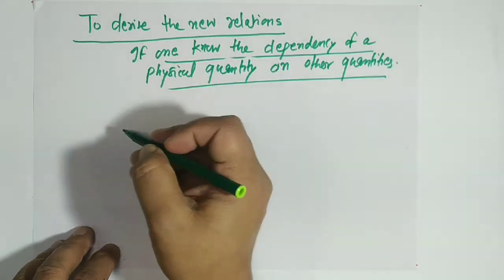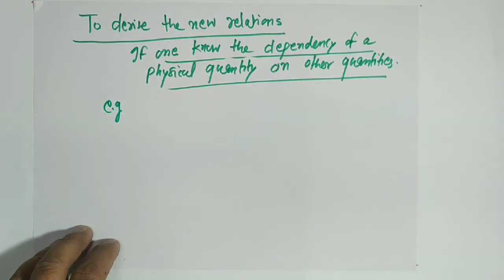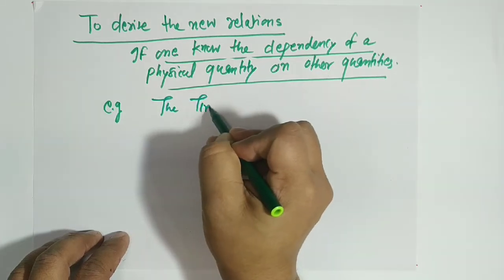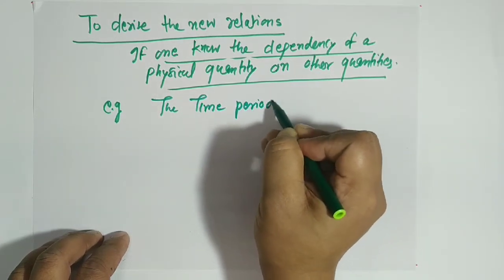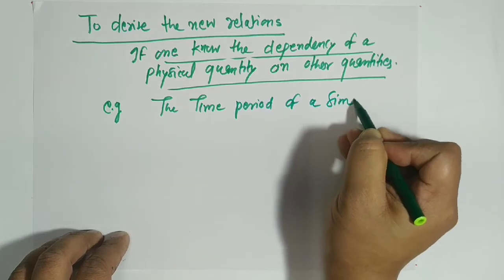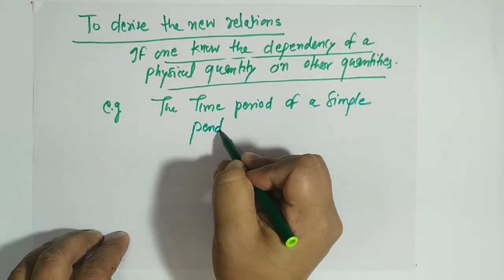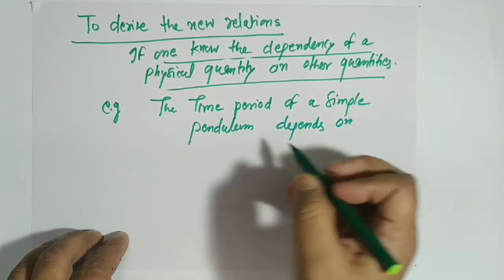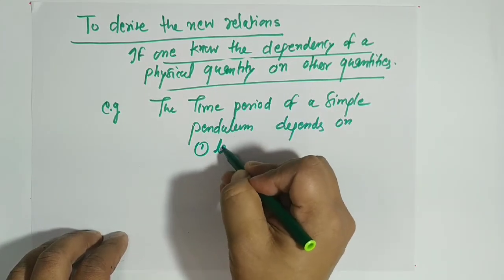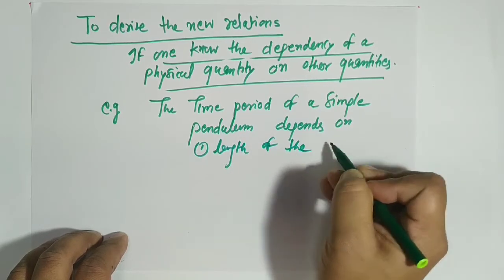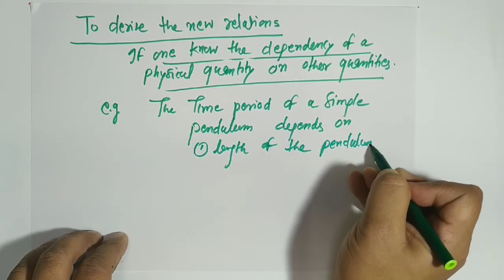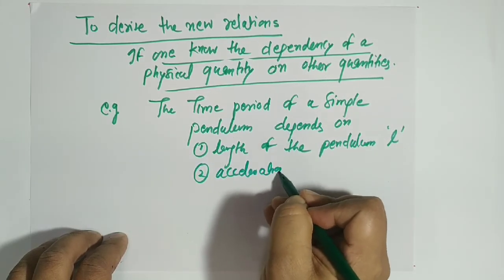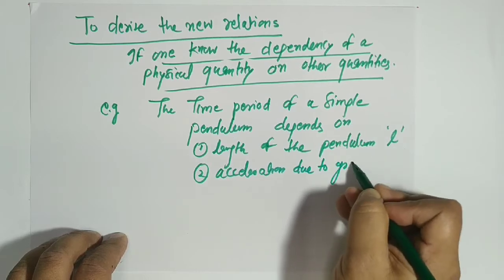How, for example, that the question comes that the time period, I think all of you know this time period of a simple pendulum, okay, depends on first length of the pendulum, that is L, and second is acceleration due to gravity, okay, that is g.